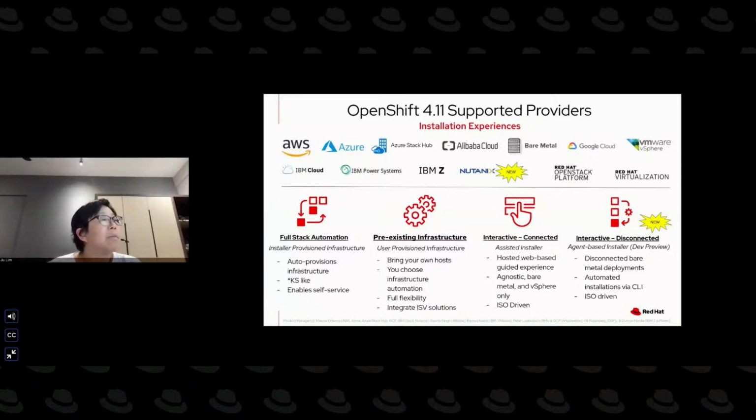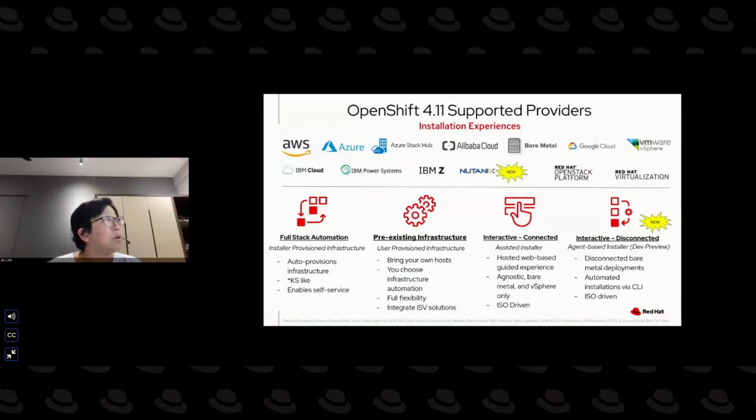In this method, the installer controls all areas of the installation, including infrastructure provisioning, with an opinionated best practices deployment for OpenShift. With the pre-existing infrastructure deployment, or user provisioned infrastructure, you're responsible for provisioning and managing your own infrastructure to allow you greater customization and operational flexibility.